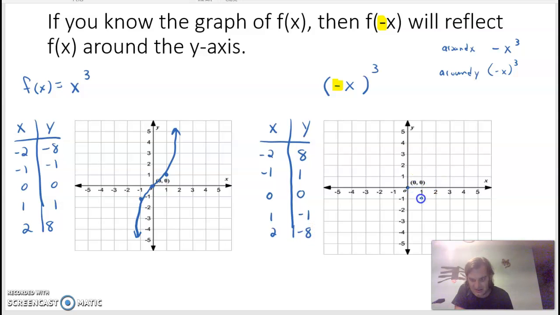So if we go through here, what we see is that it reflects around the y-axis. That might be a little bit hard to see because of the different ways x cubed behaves, but a negative inside the function takes it around y. A negative outside the function takes it around x.